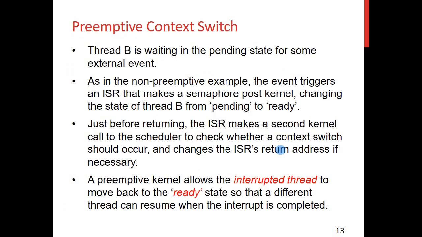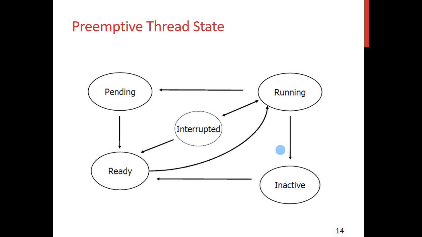So these slides are just to explain what I mentioned just now. In a preemptive kernel, the thread states are a bit different. When I'm running, if I try to acquire a resource and I don't get it, I go to the pending state, which is the equivalent of a block state. Once I get the resource that I was waiting for, I will transition to the ready state.